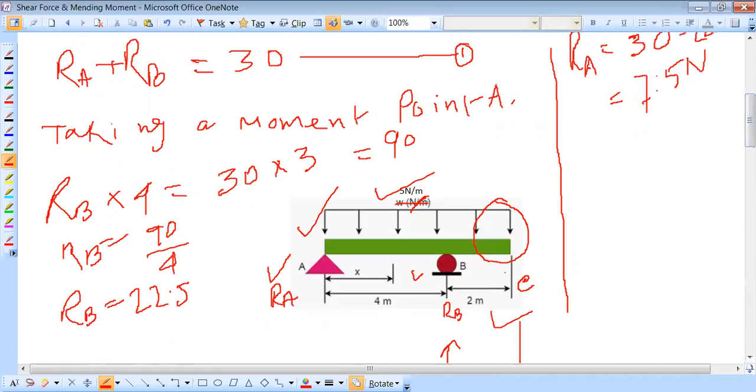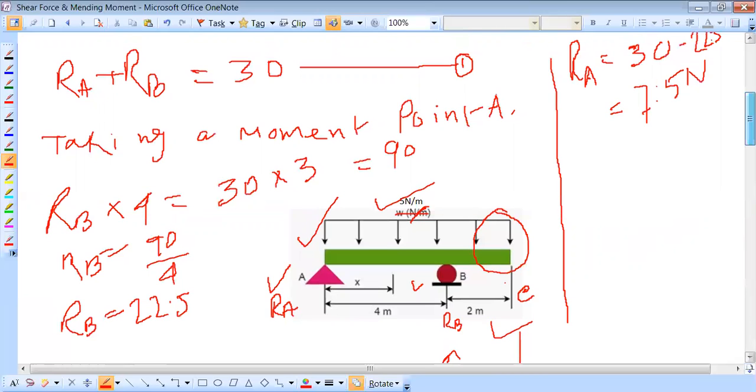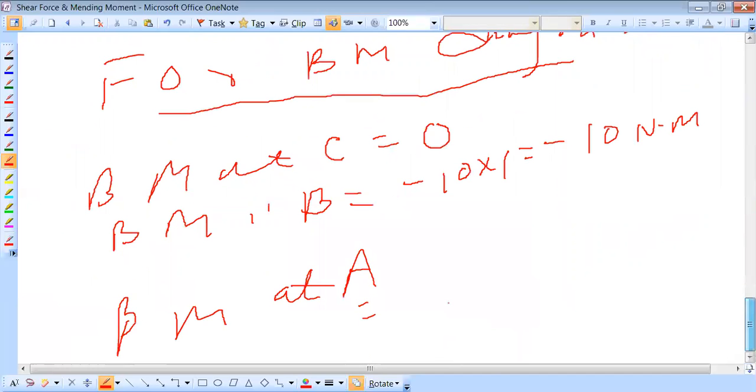This UDL, that means how much? 20, not 30, 30 into half. 30 into half means 30 into 3, 9 means 90. So 30 into 3, this UDL plus reaction load, how much? This 23.5 into how much distance? 4.